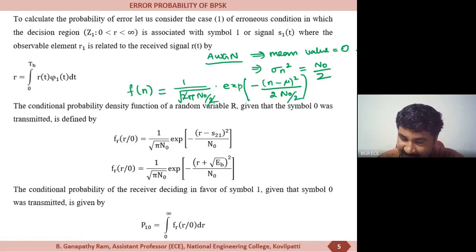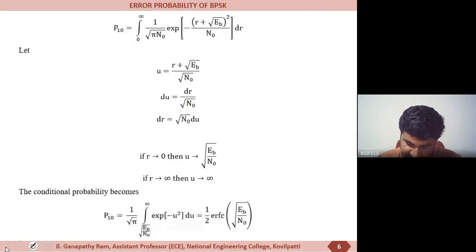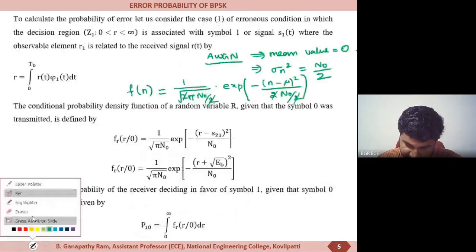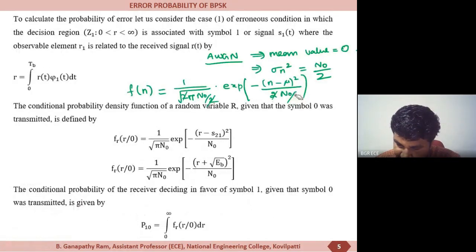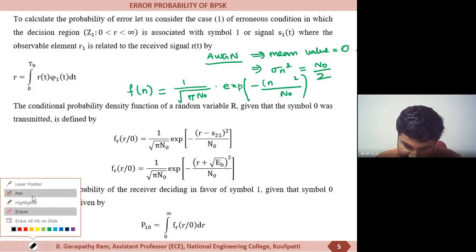So 2 will get cancelled. So we can write one divided by square root of pi N0 and exponential of, and mu is equal to 0. So it can be represented like this.